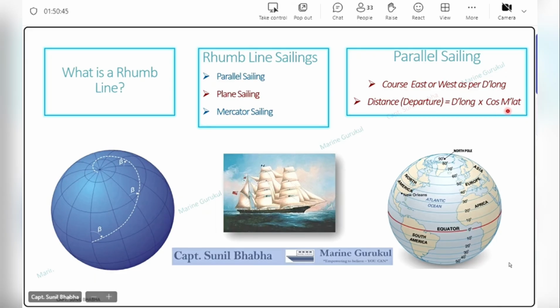In a parallel sailing scenario, the mean lat for initial and final ports will be equal to the latitude of both the ports, because both the ports are at the same parallel of latitude. So using this formula, putting the value of d long and the value of latitude here, we get the departure, and this departure is the distance between the initial and final positions.